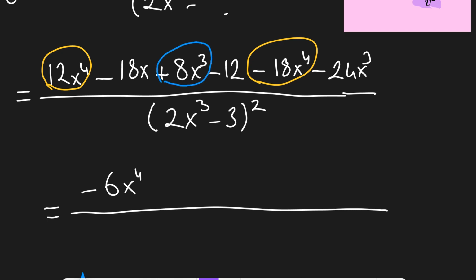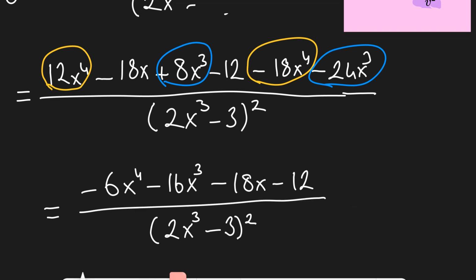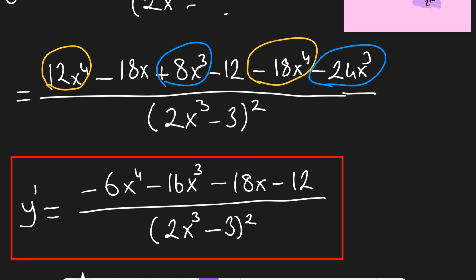And then we can add the x cubed terms, which is minus 16x cubed, and minus 18x minus 12, all over 2x cubed minus 3 squared. This is equal to the derivative of y, and it gives us the final answer.